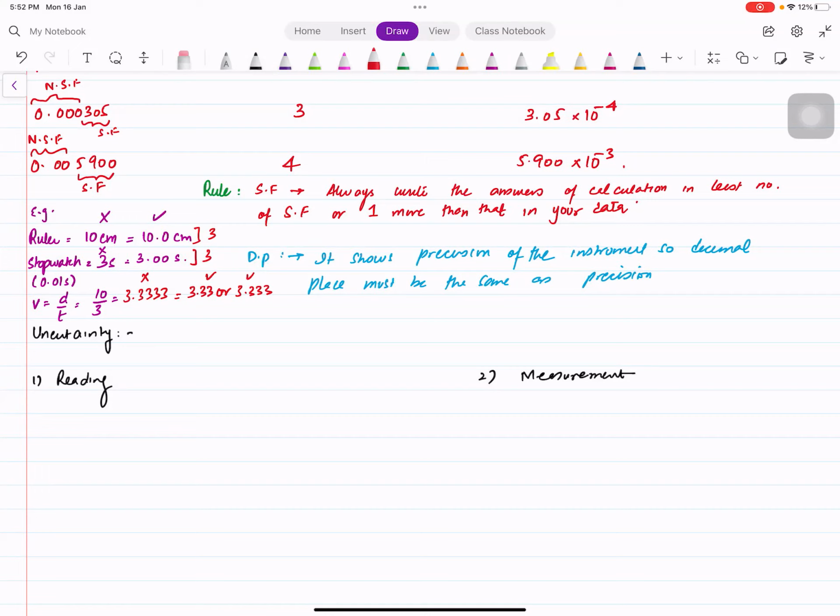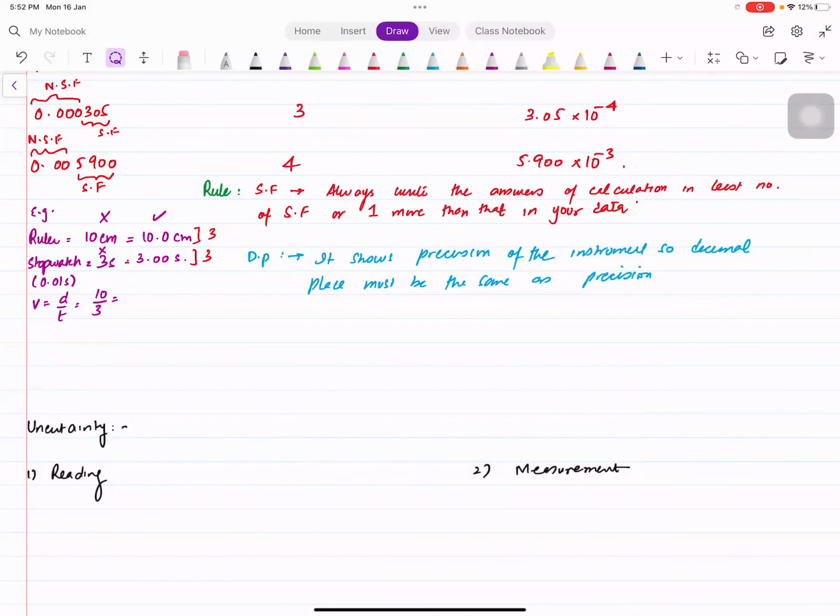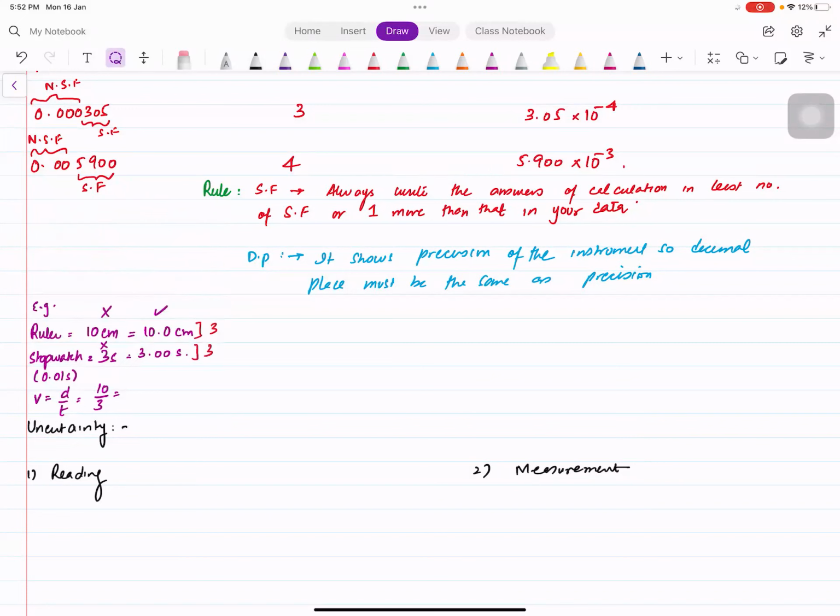Yes, sir. Sorry, could you repeat? Yes. So you see, in this particular part, I have a reading that is coming as 3.3333 and so on, right? Now, my significant rule says that always write the answers in calculation as the least number of significant figures or one more than that.